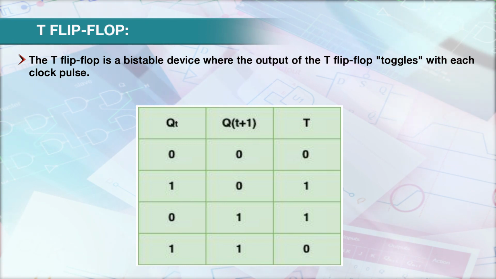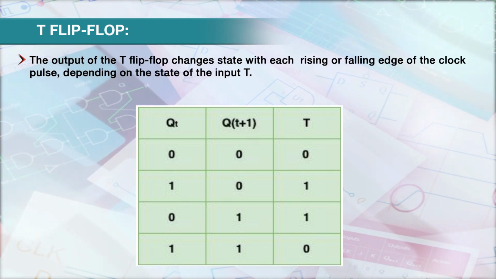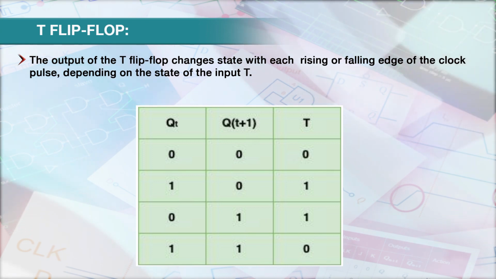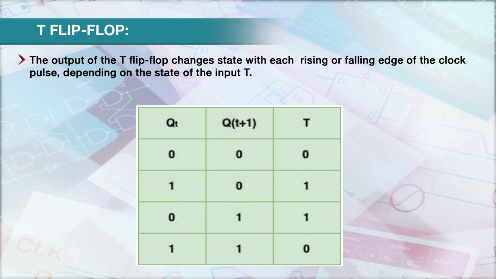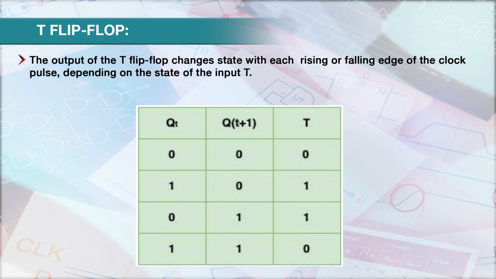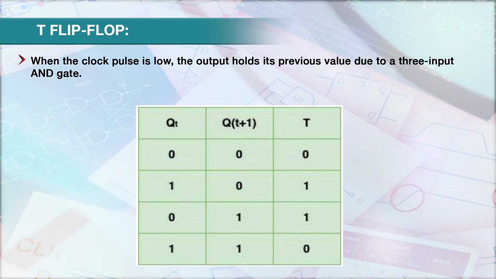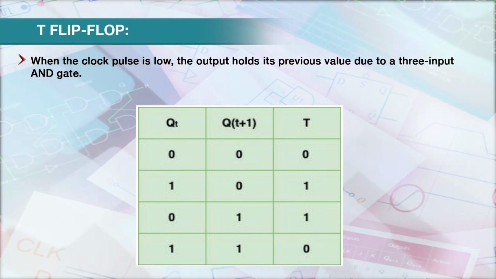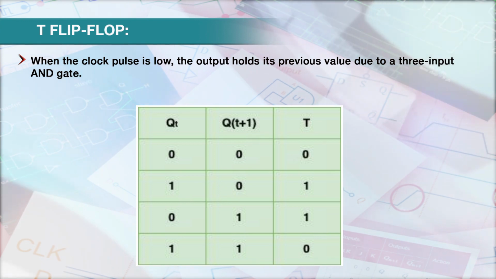The T flip flop is a bistable device where the output toggles with each clock pulse. The output of the T flip flop changes state with each rising and falling edge of the clock pulses, depending on the state of the input T. When the clock pulse is low, the output holds its previous value due to a 3 input AND gate.